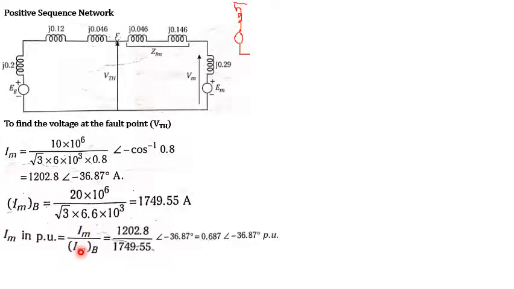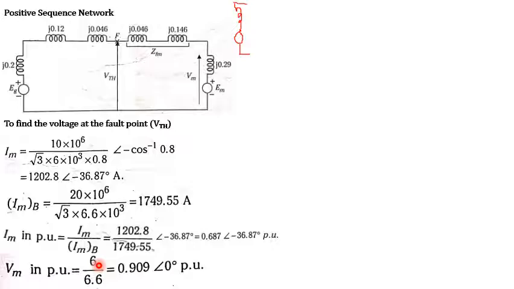So convert these values in terms of per unit. This is the actual value, this is the base value. Actual value is 1202.8. Okay, base value is 1749.55. So we will get 0.687 at an angle of minus 36.87. And what is the value of the terminal voltage Vm in per unit?